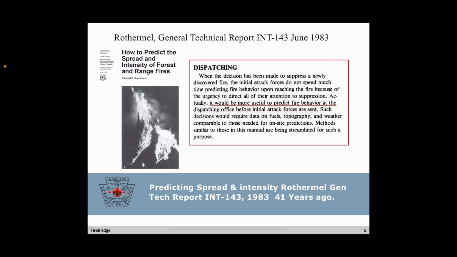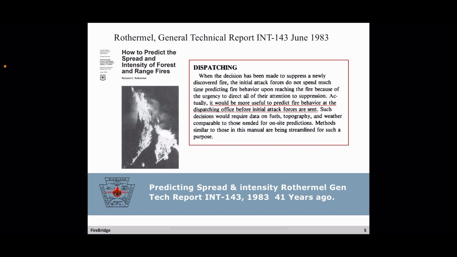Later, in June of 1983, Rothermel produces another document, Tech Report INT-143, on how to predict the spread and intensity of forest and range fires. Now, in this report right here, I will say that Rothermel does state that one does not need to be a research scientist, an engineer, or any other type of scientist in fire behavior and prediction.